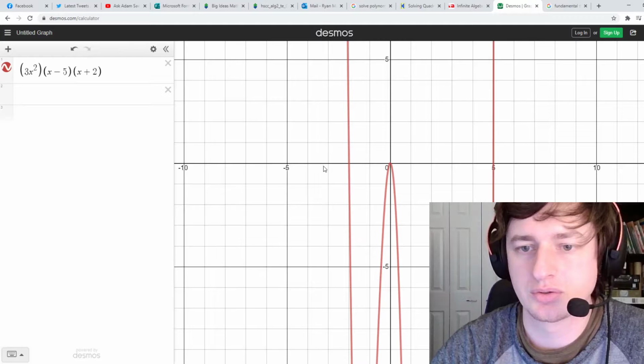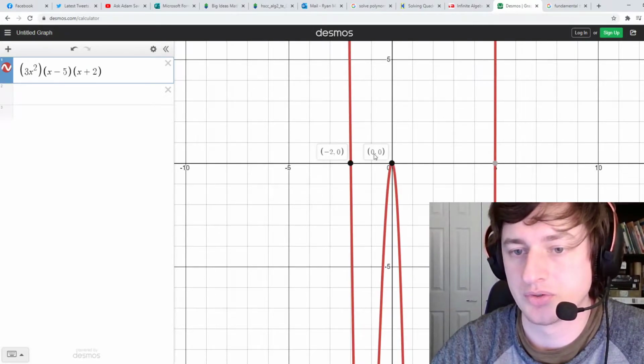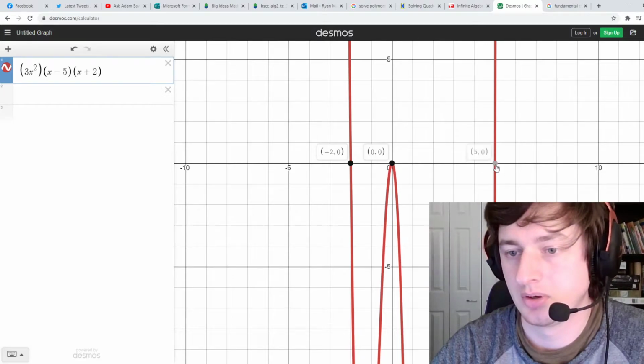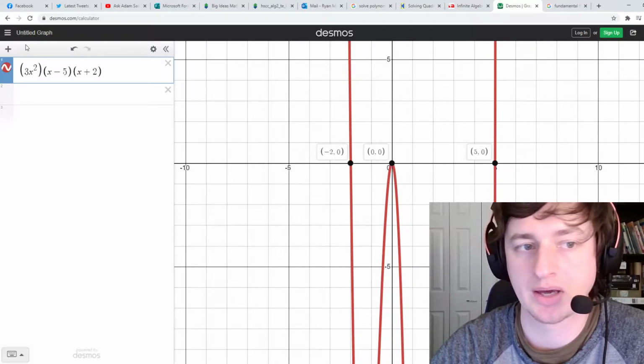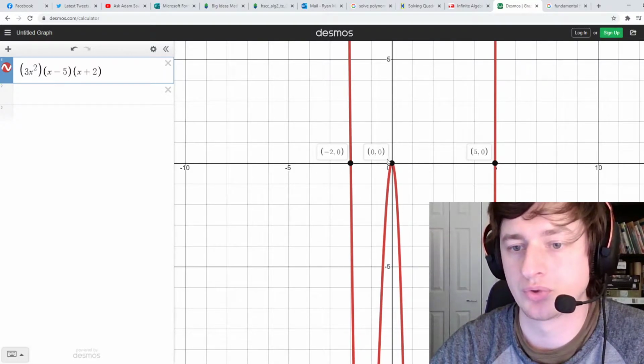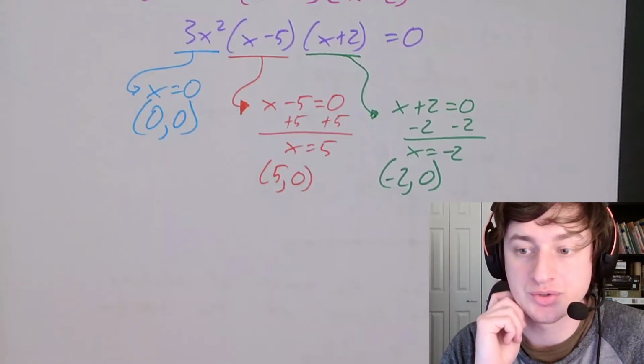And so we have the solutions of -2, 0, we got that one. 0, 0, we got that one. And 5, 0. And you'll see the graph here doesn't pass through 0, 0. It bounces right here because we have an x squared. We have a multiplicity of 2. So those are our solutions.